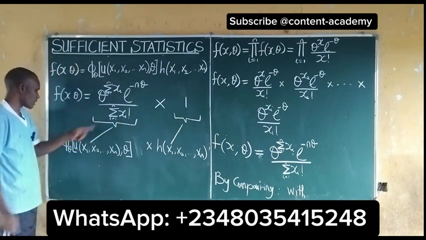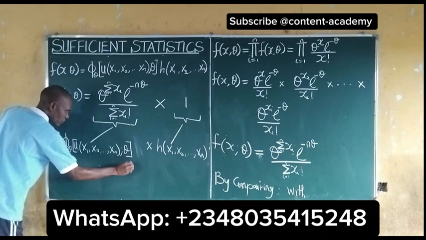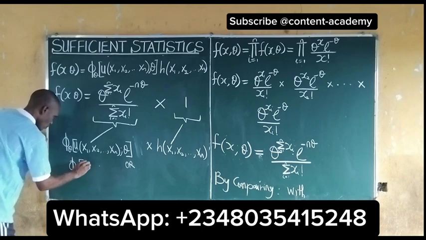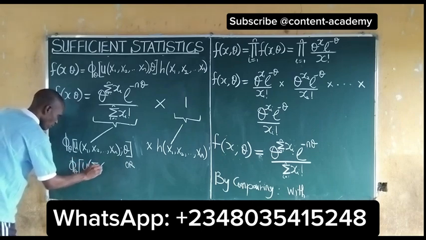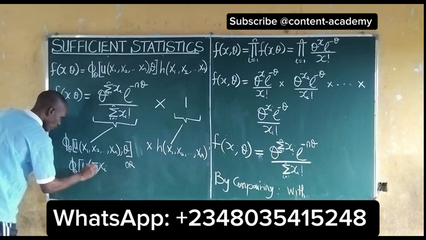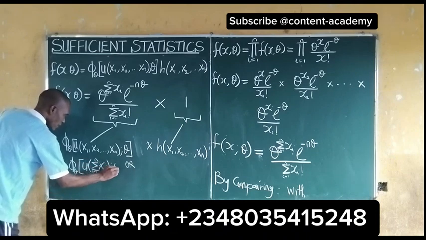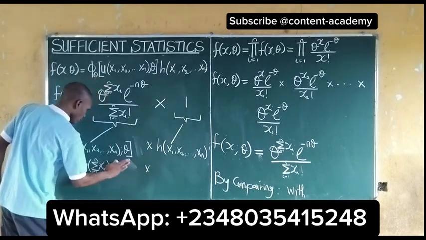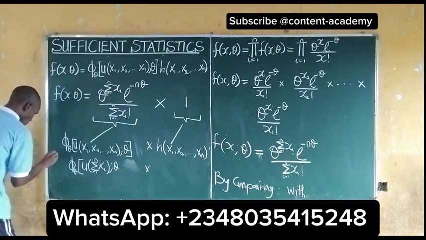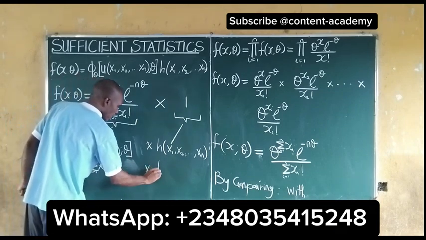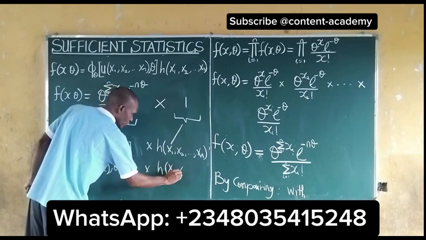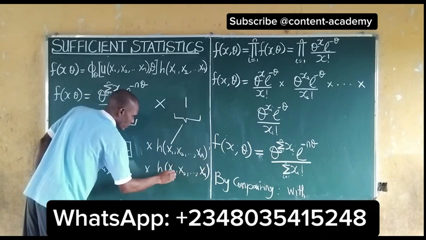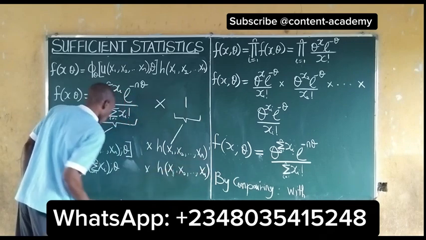We can also rewrite this as g of theta, which depends on the summation of xi as i runs from 1 to n, and theta, multiplied by h, which does not change because it does not depend on theta. So this is 1.